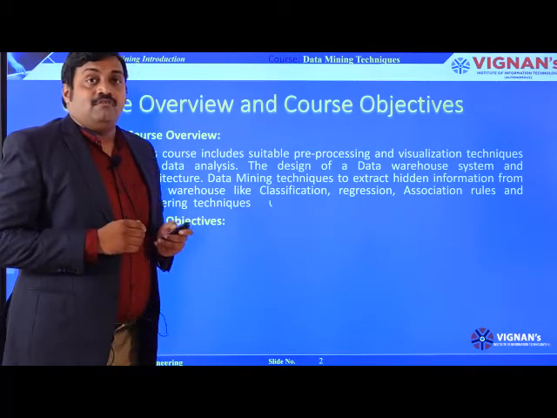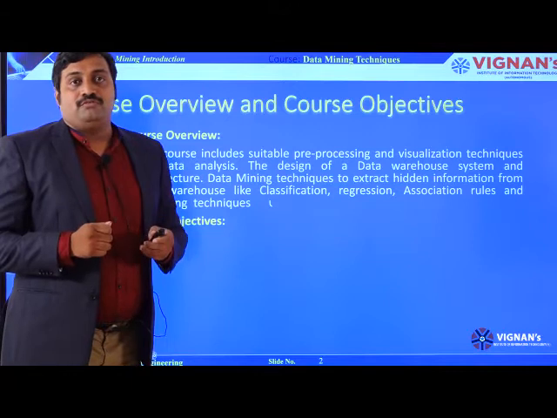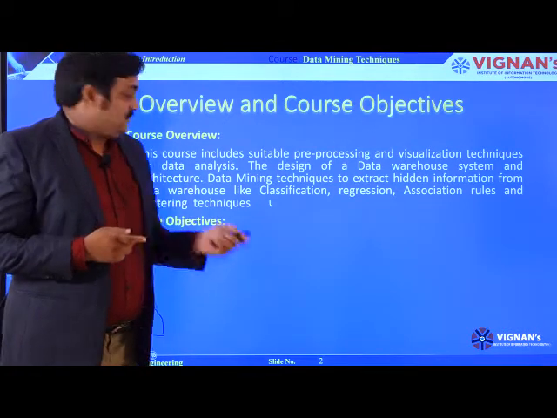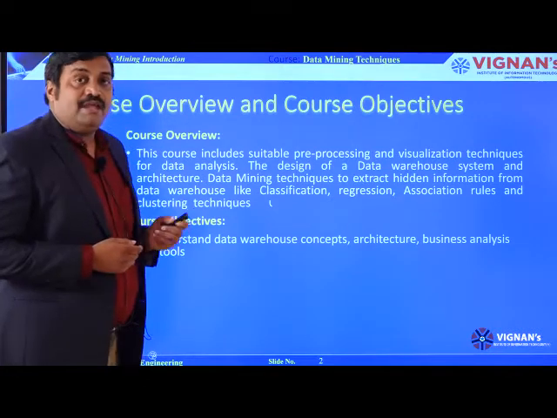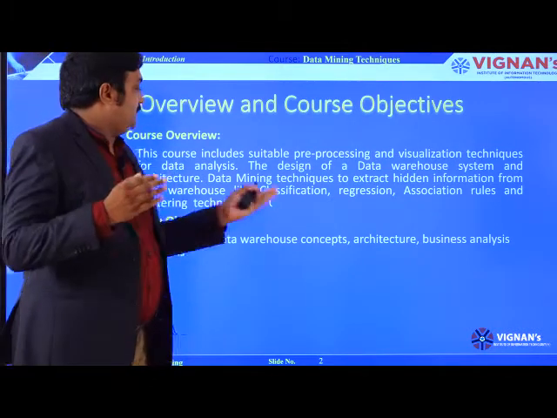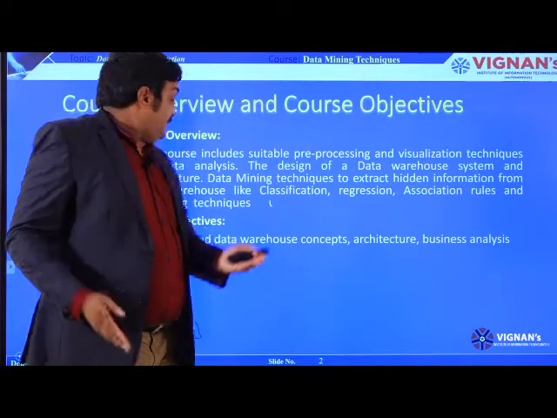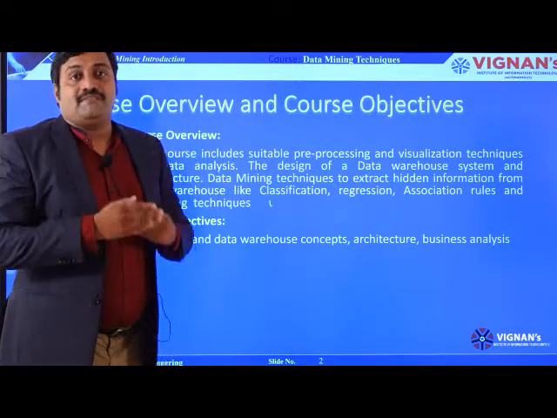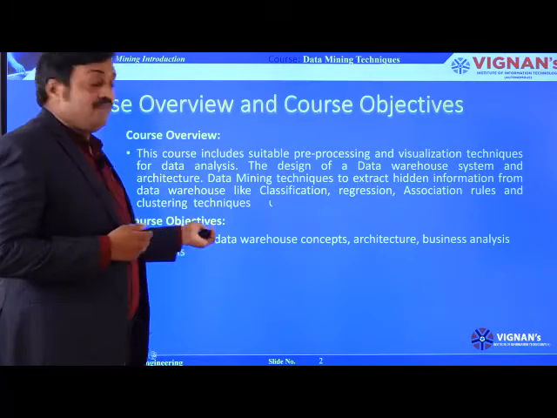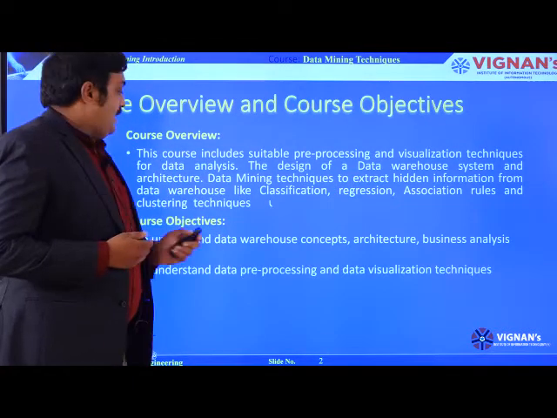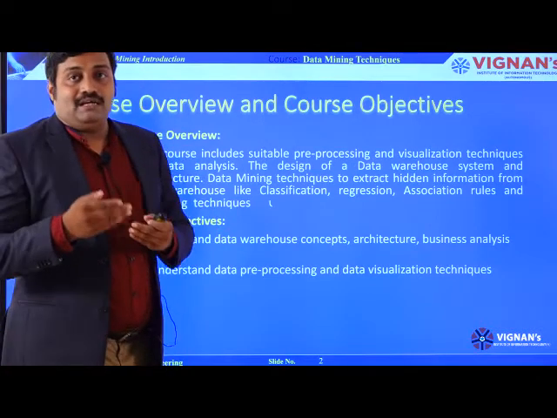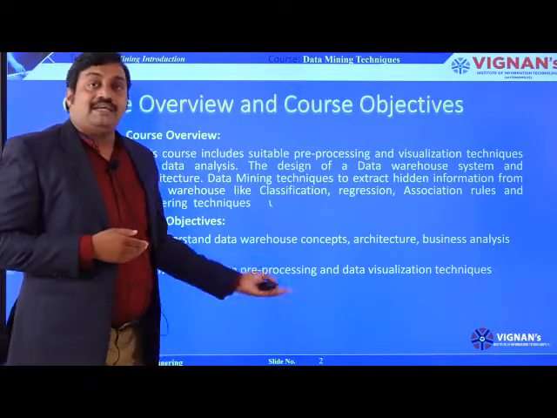Now, what is the main theme or objective to learn these concepts, where we are going to apply them? The first one is we have to understand the architecture of the data warehouse and various tools for the data warehouse to extract the information. We have to understand how we are going to process the data with the help of the pre-processing techniques.